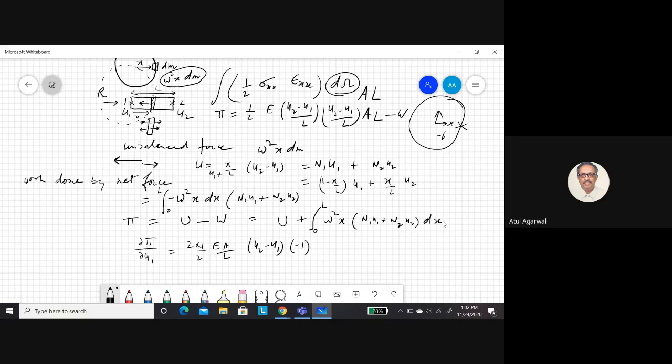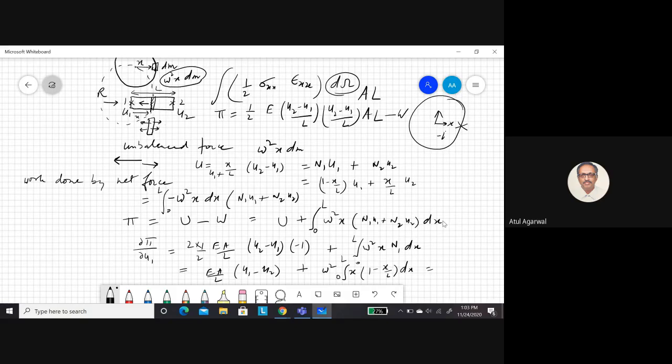Now you need the derivative with u1 here. So you will get omega square x, and taking the derivative with u1 you will be left with N1 dx. So this is EA by L, u1 minus u2, plus, now you have to integrate it. Omega square comes outside, x, what is your N1? 1 minus x by L. So this integration you have to do.